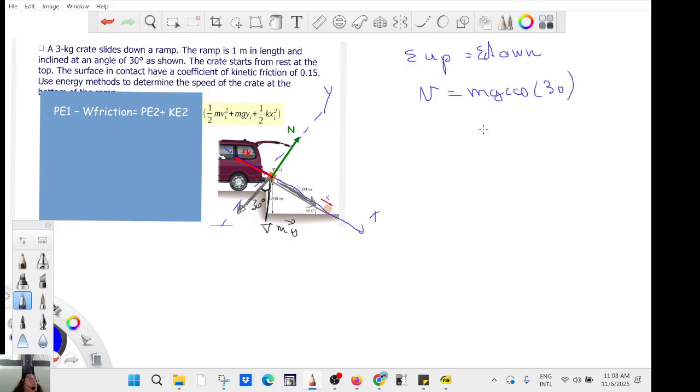Do you agree? Okay, we've done that many times. So the kinetic friction in magnitude is the coefficient times the normal force, which is mg cosine 30. So the kinetic friction is the coefficient, which is 0.15, times the mass, which is 3, times 10, times cosine 30 degrees.